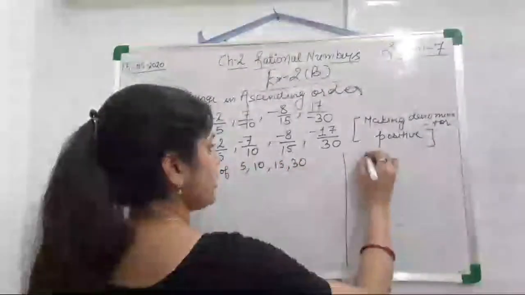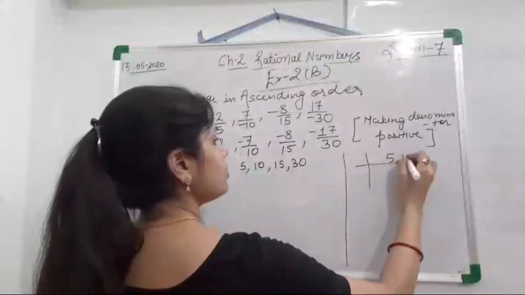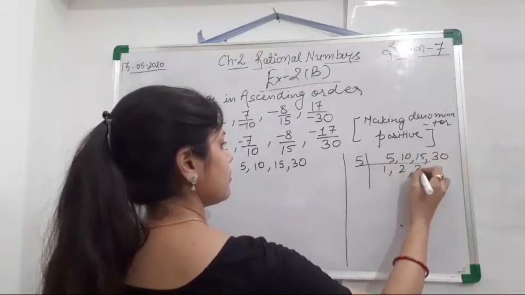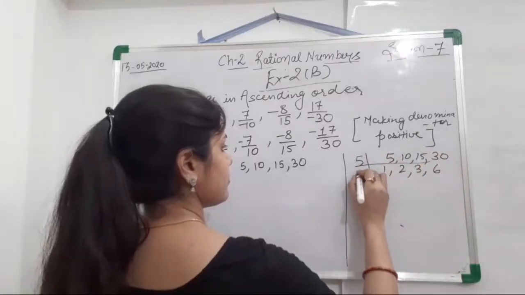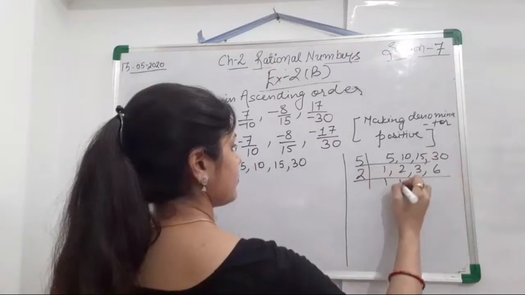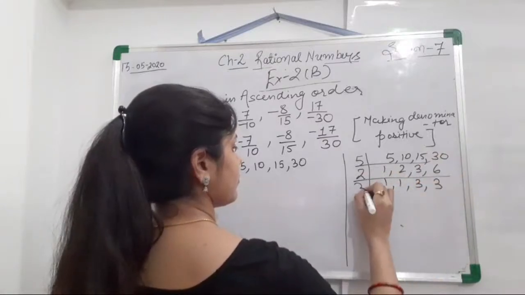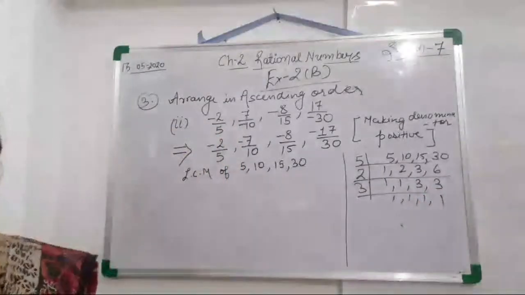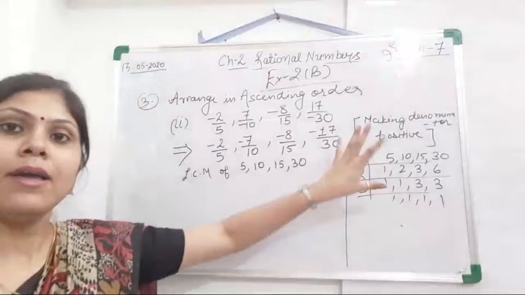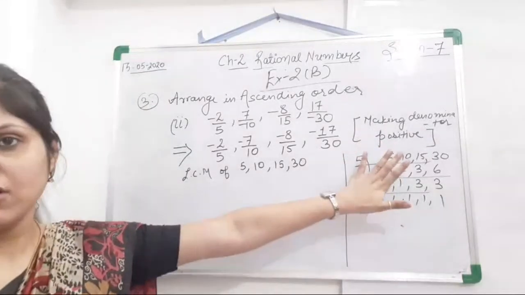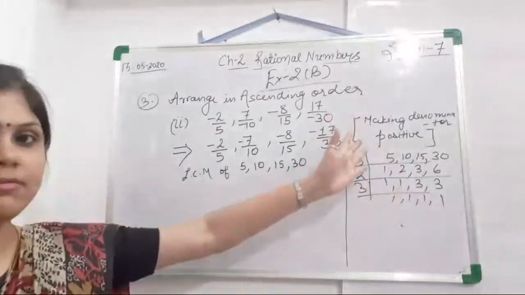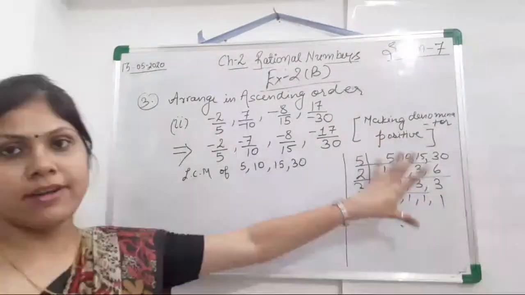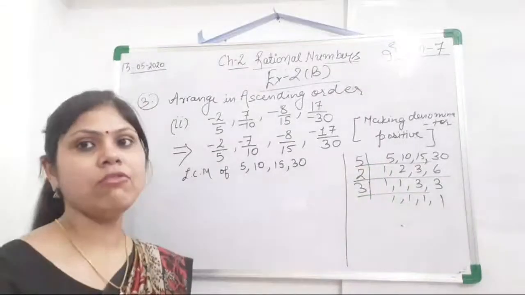Now let us take out the LCM here. Many of you have a problem: why am I doing the 5 first, why not the 2? This is just rough work. You can do it by first dividing by 2, then 3, then 5, or else you can do it directly like this also. This is rough work.